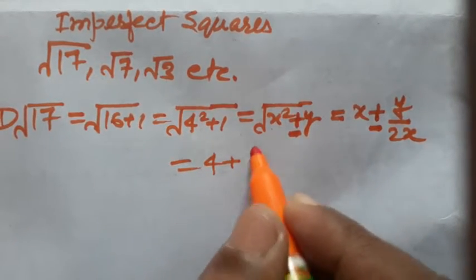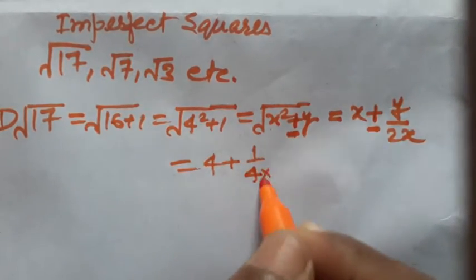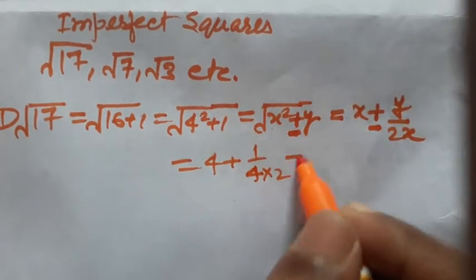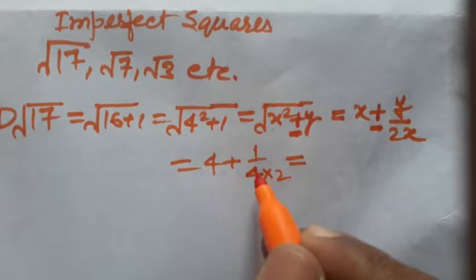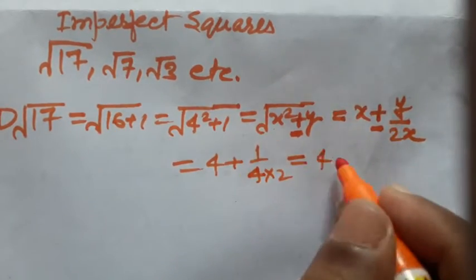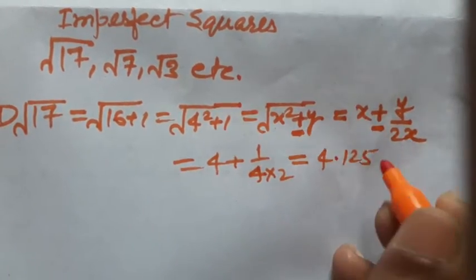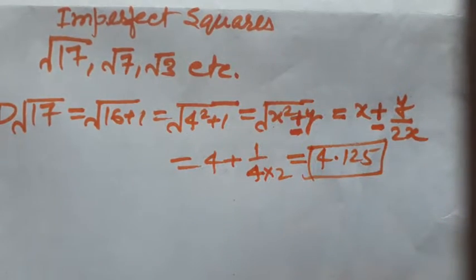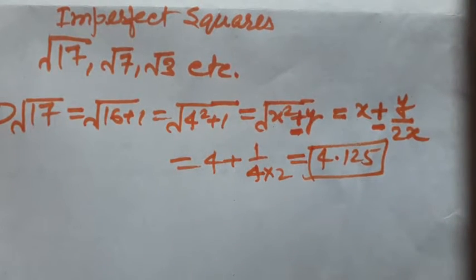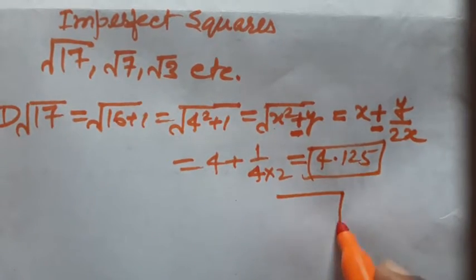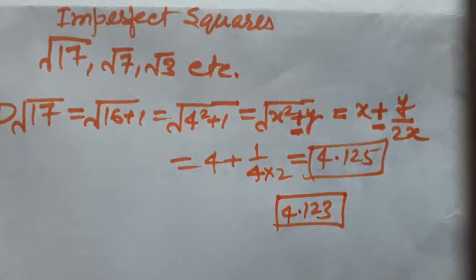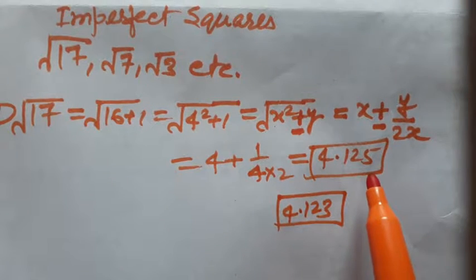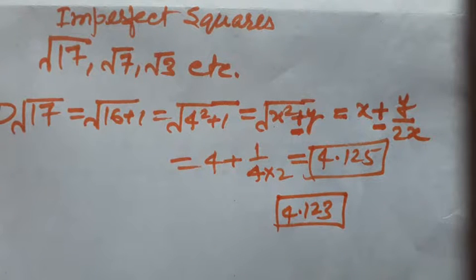So it would be 4 plus 1 upon 4 into 2, that is 4 plus 1 upon 8, which means 4.125. This is the approximate value, not the exact. The exact value would be somewhere around 4.123, but you get this hardly within 5 seconds if you practice well.